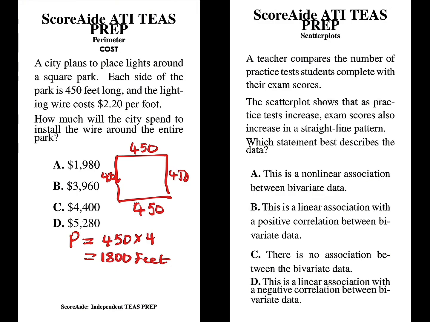The total cost to install this lighting is going to be equal to what? 1,800 times $2.2. So which is going to be equal to what? 3960 dollars. So the answer is going to be B, right? The answer is going to be B, 3960.